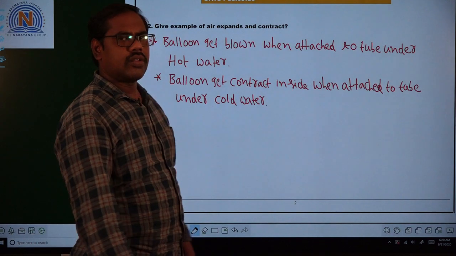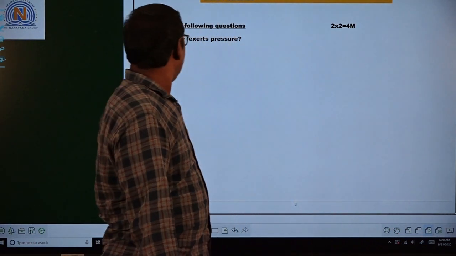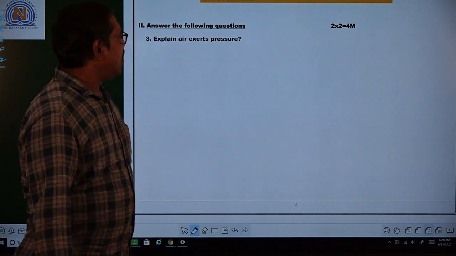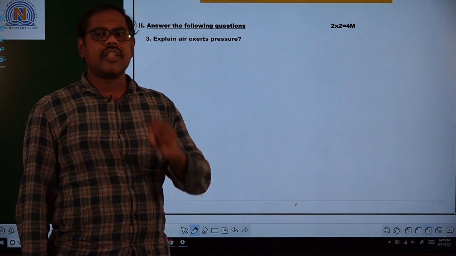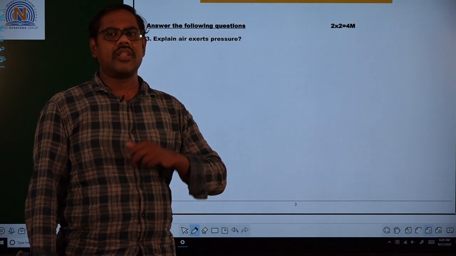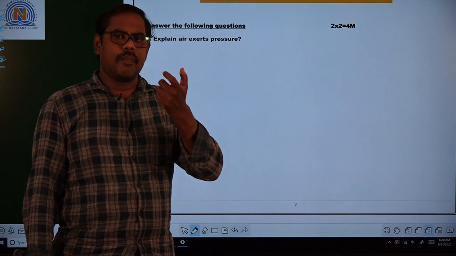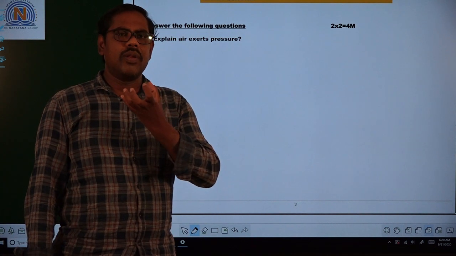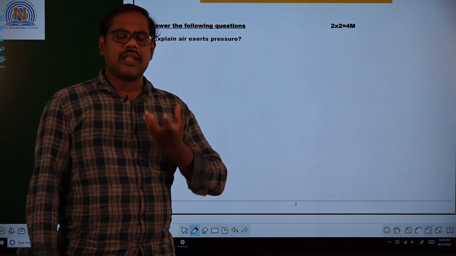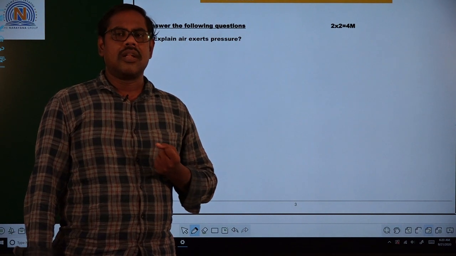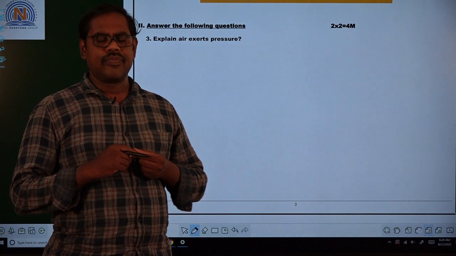Next, coming to the third one. Explain air exerts pressure. For this experiment, we have to take two balloons and one rod. First, blow air into the balloons. Then the balloons will bulge. Now we have to tie the mouth of the balloons.